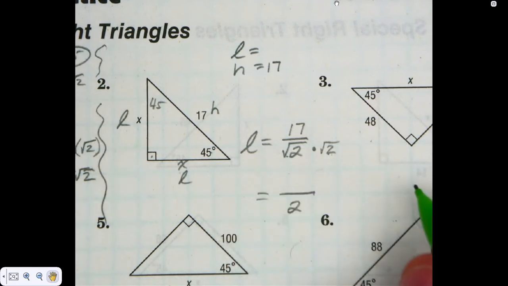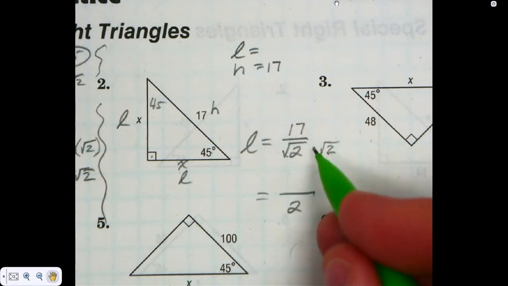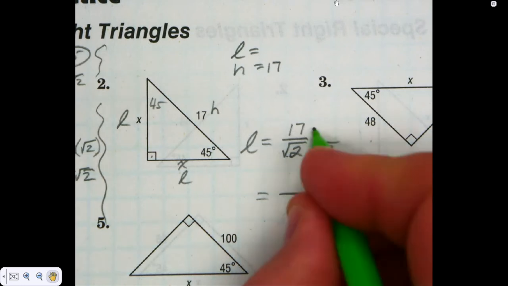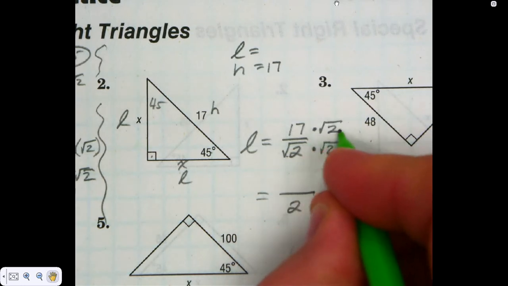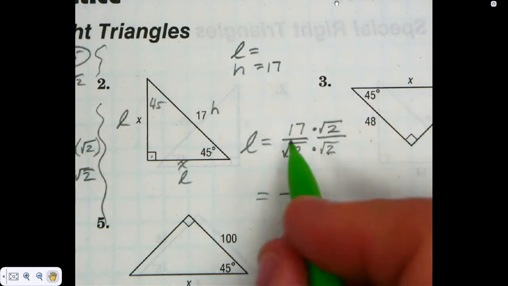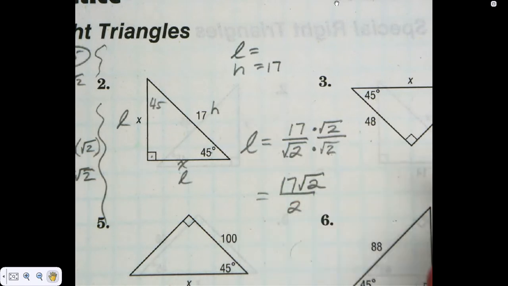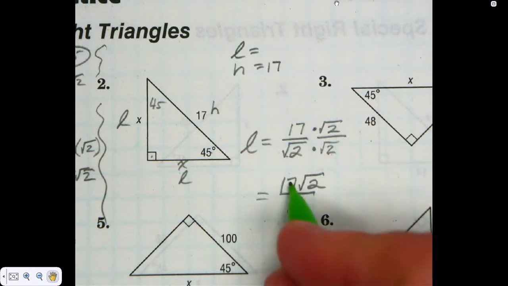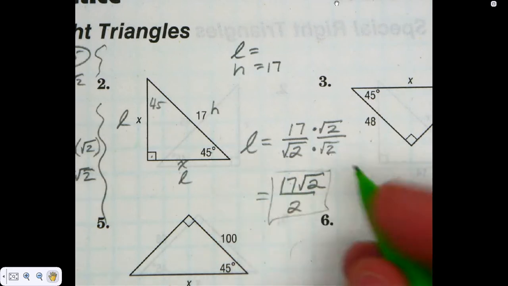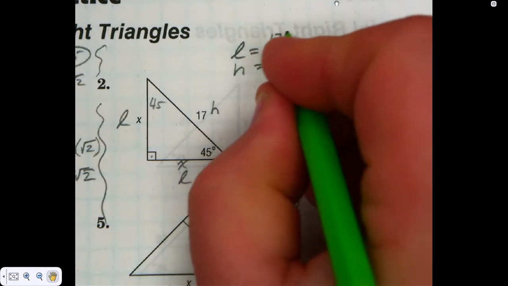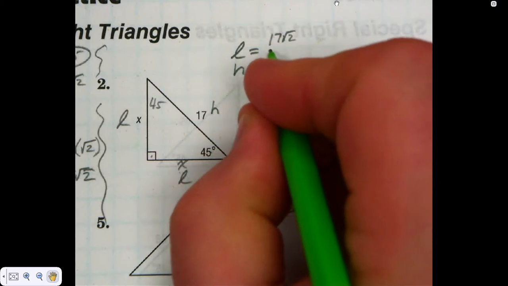Just a 2 on the bottom, right? But what allows me to do that? Whatever I do at the bottom of the fraction, I have to what? Because I'm basically multiplying by 1 and keeping everything the same. So this is 17 square roots of 2 over 2. Do those reduce any? No, it doesn't. So that's my answer. So it's 17 square roots of 2 over 2.